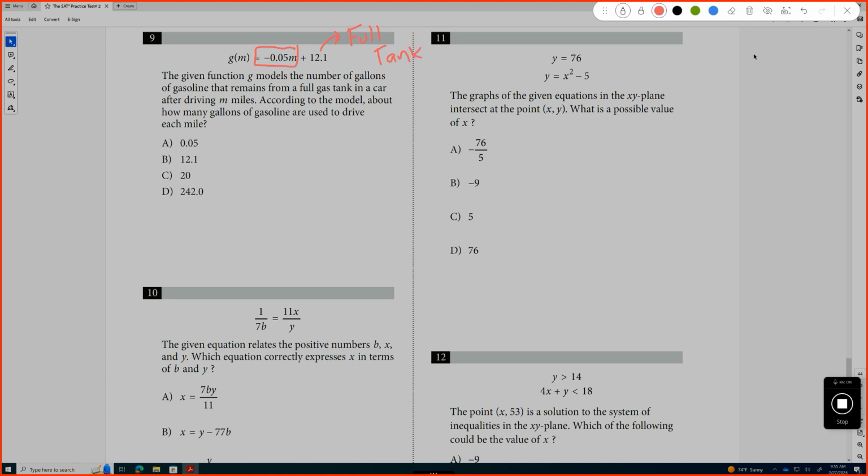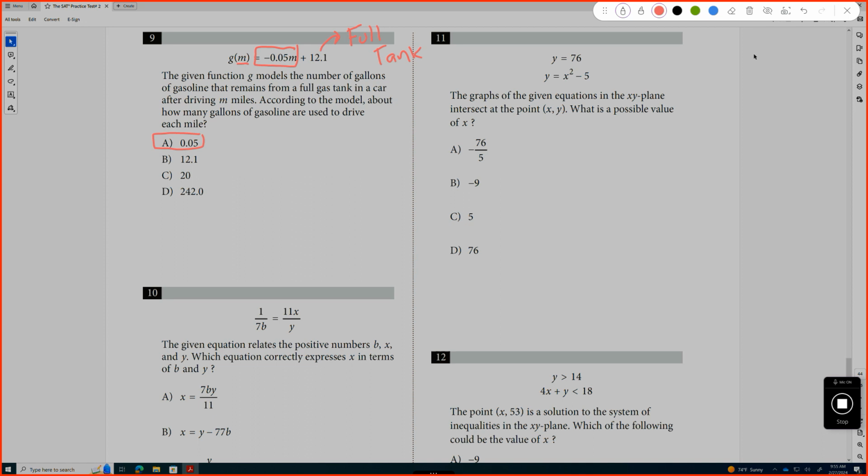So then that means that 0.05 m is going to be, for each mile, you're going to be spending 0.05 gallons of gas, or about 20 miles a gallon. That makes sense.